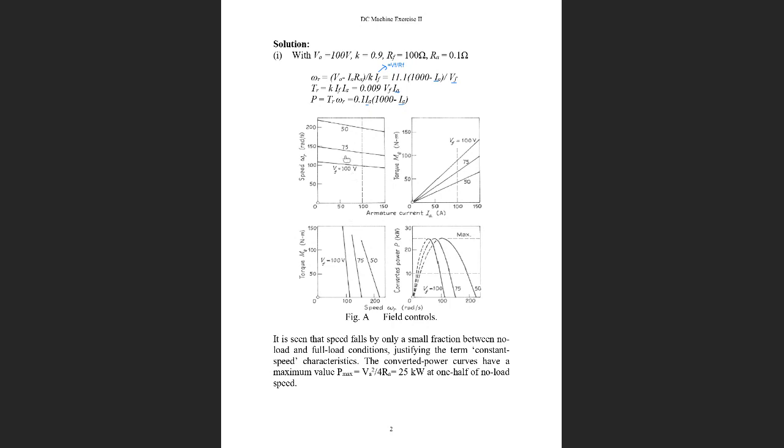The motor speed also decreases with the increase of the armature current, but the slope is a little bit bigger than that for 100 volts. When the field voltage is 50 volts, half of 100, the speed of the motor is almost double the speed when the field voltage is 100 volts.